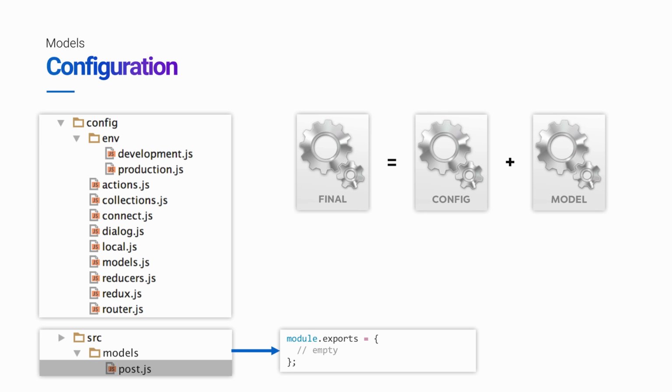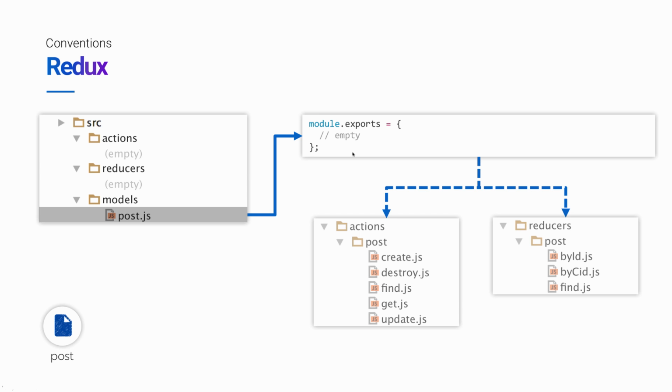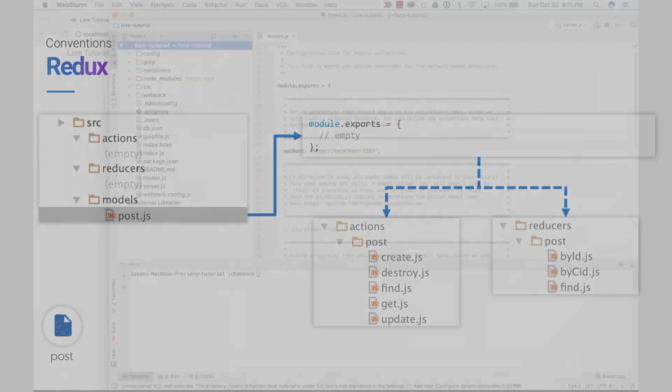And so this model is going to override your application configurations, and this allows it to inherit behavior that's common and then specify a behavior that's more specific. It's this behavior that allows the conventions to start off with an empty file, but still provide meaningful actions and reducers because it's inheriting behavior and settings that you've already specified for the application itself. So with that, let's create our tweet model and see this in action.